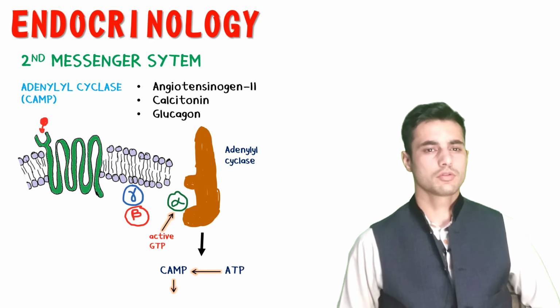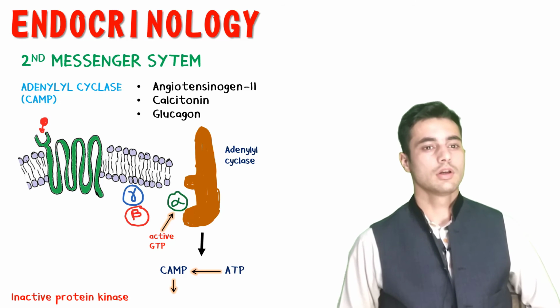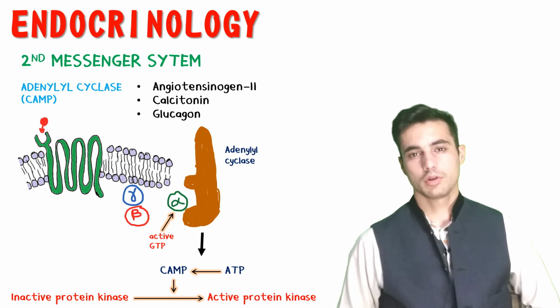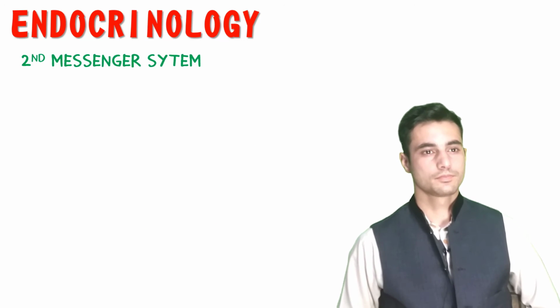Now this cyclic AMP will cause the conversion of the inactive protein kinase into the active protein kinase. This protein kinase will perform various reactions inside the cell.